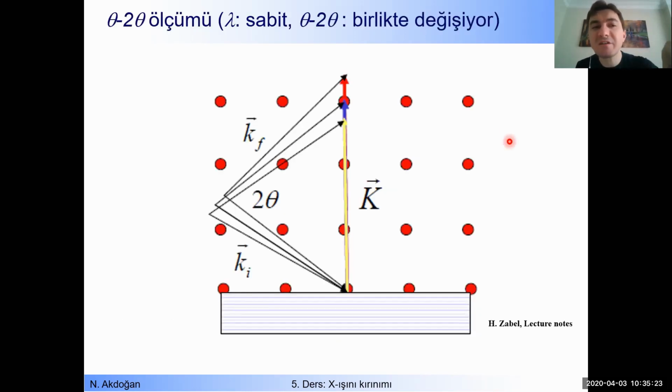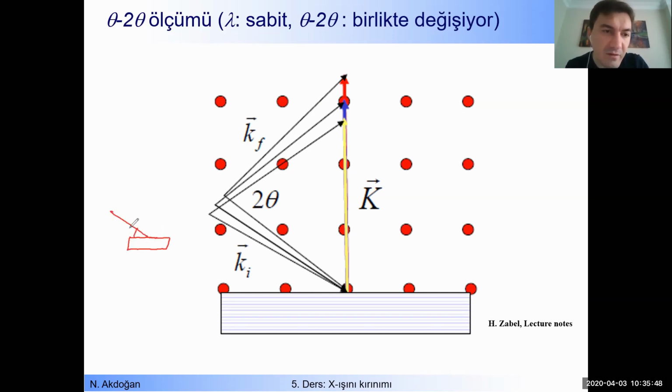Okay, so this is one of the most common methods in X-ray diffraction, theta to theta measurement. So what is the theta to theta measurement? Let me draw first of all, and then I will continue. Here we have a sample.